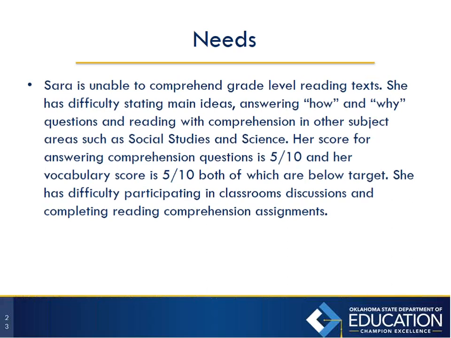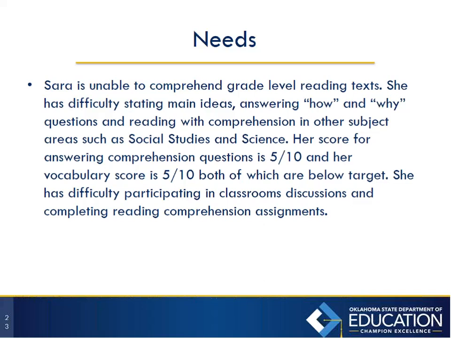And we can also see a very specific need too. She has an inability to comprehend grade level reading text, which is quite common with a lot of our students. They're having some reading difficulty. And same as all other students, she struggles with main idea, answering how and why. And that affects her understanding in other academic areas such as social studies and science.